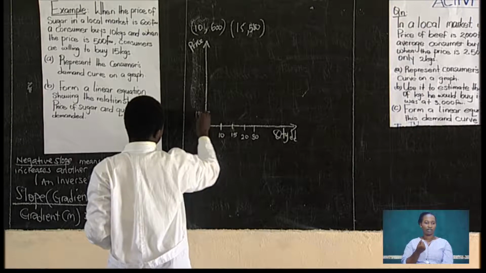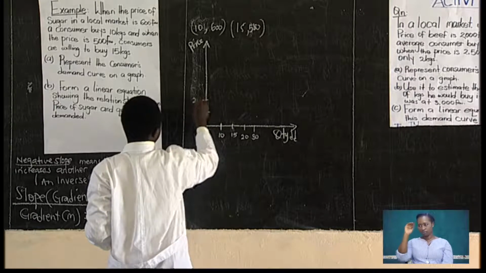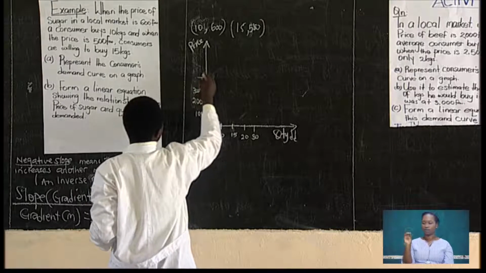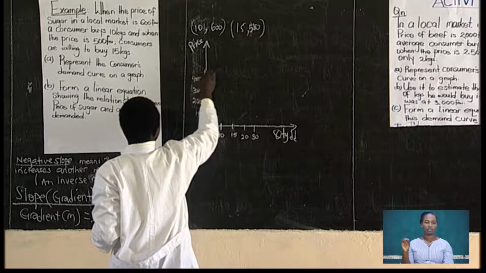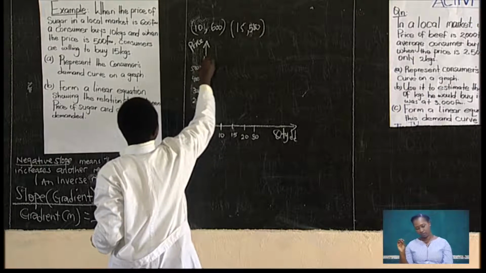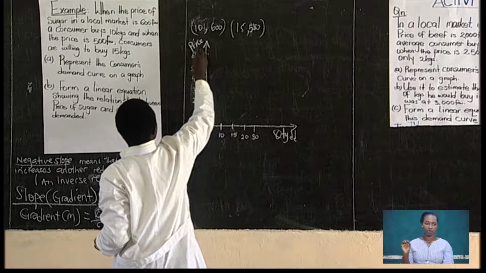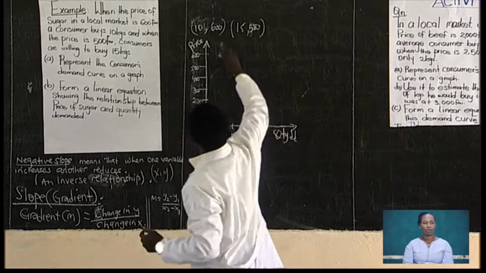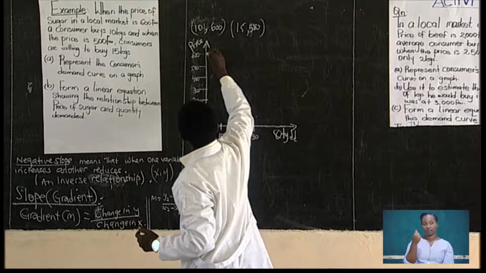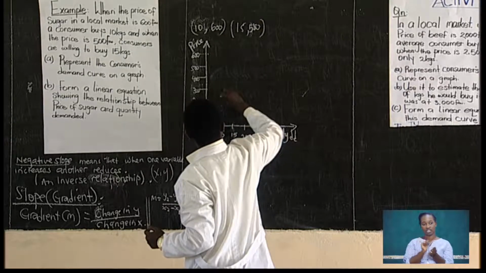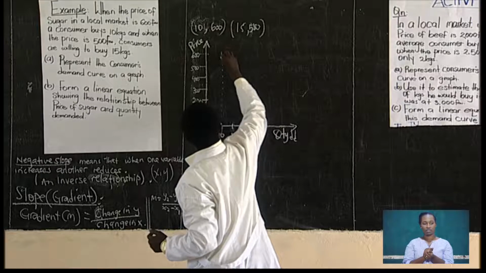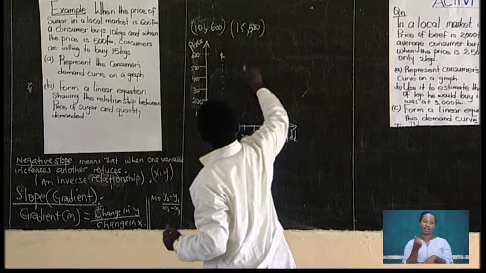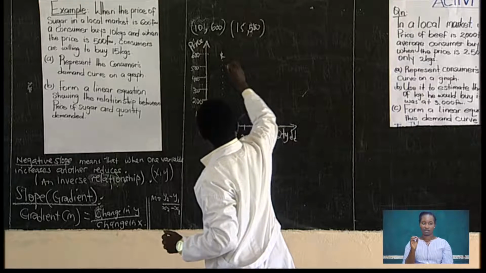You can get a suitable scale: 100, 200, 300, 400, then 500, then 600. So you plot. At first, when the price was 600, quantity demanded was 10. So we are trying to sketch our demand curve. Then when price was 500, quantity demanded was 15.